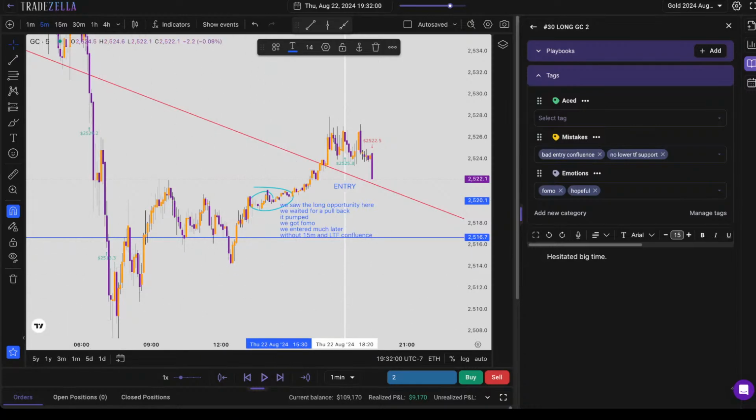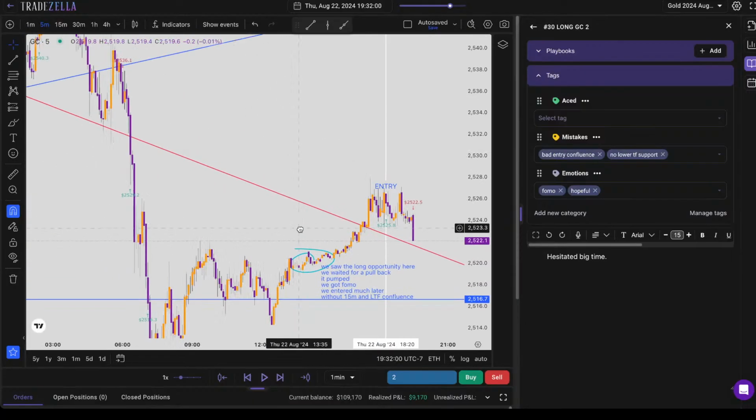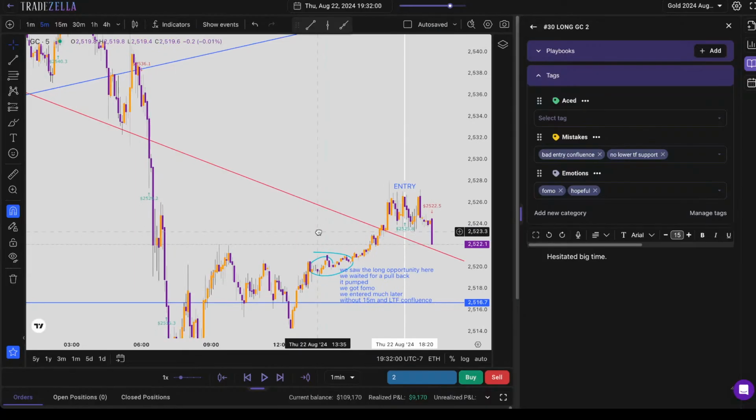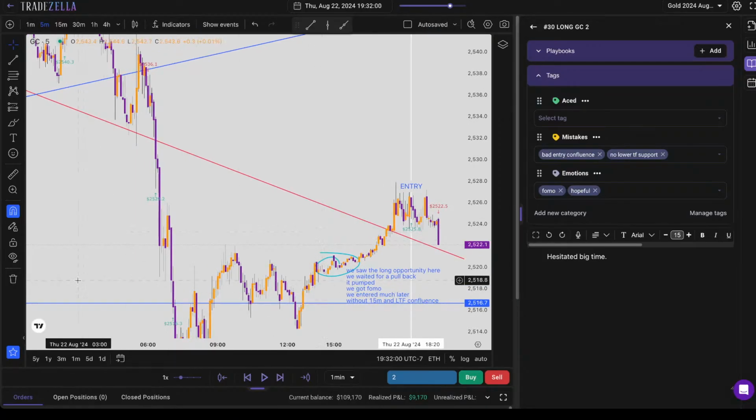Let's get a screenshot of that. Move it down to the corner so I can get the time and the price in the screenshot.